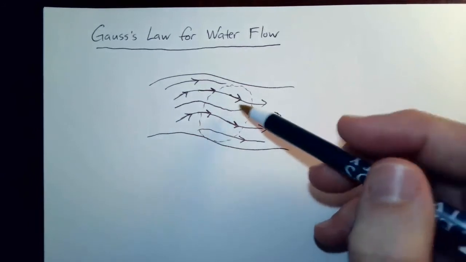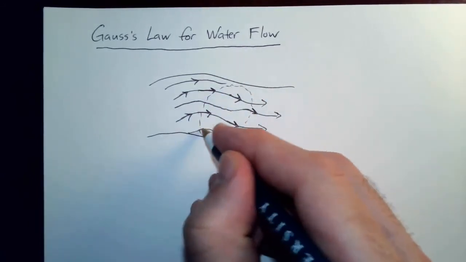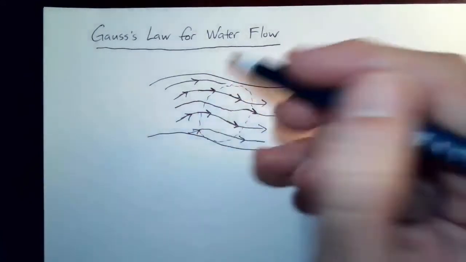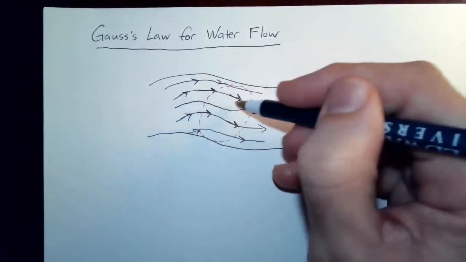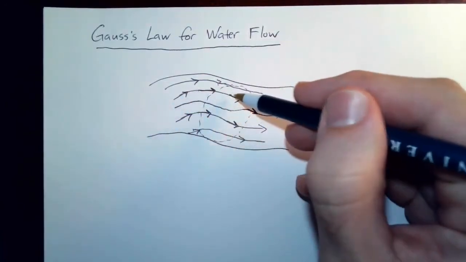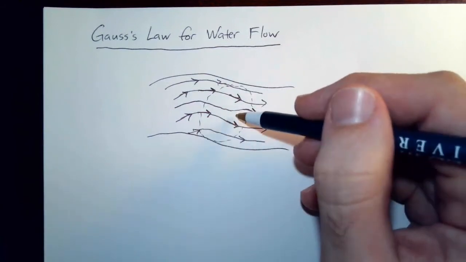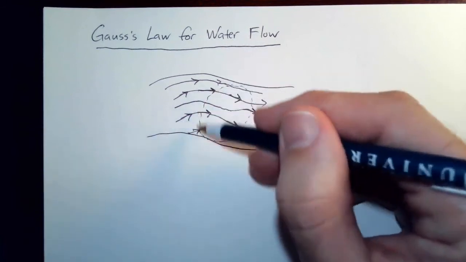maybe like a somewhat spherical surface, I think it's pretty straightforward to see, just schematically, that the amount of water that goes into the surface is equal to the amount of water that comes out of the surface. The amount going in equals the amount coming out, unless there's some sort of a source or sink for water inside the surface.